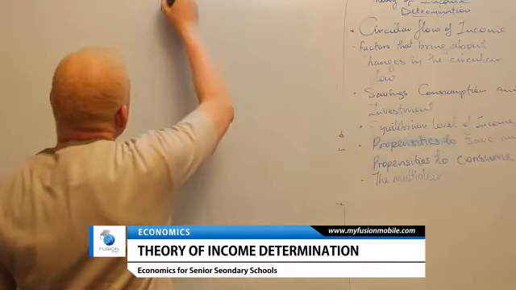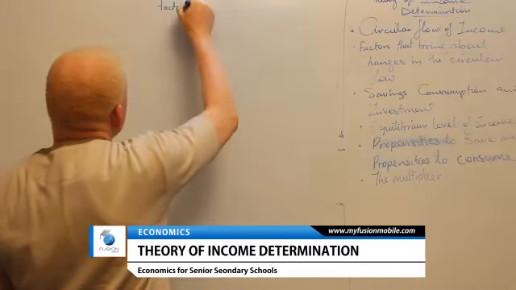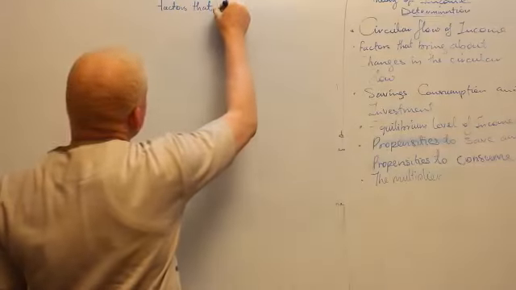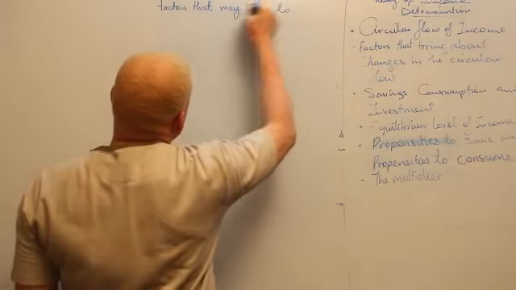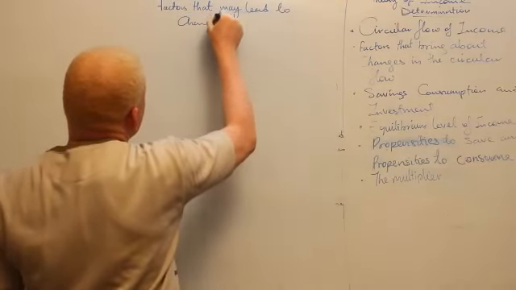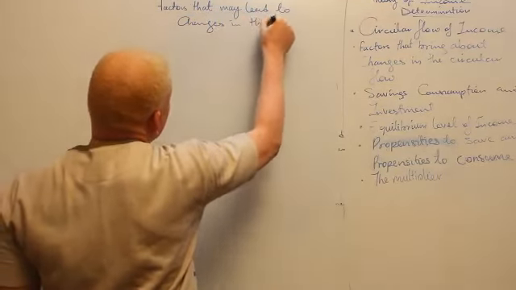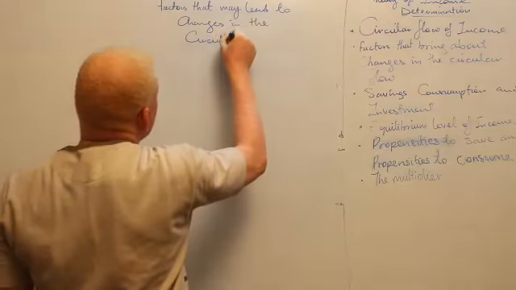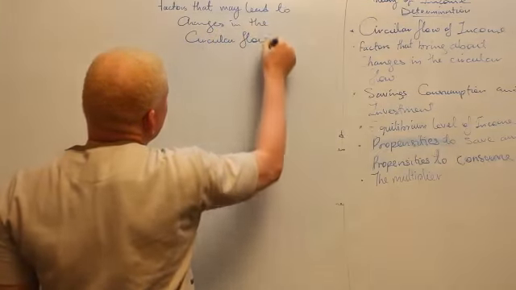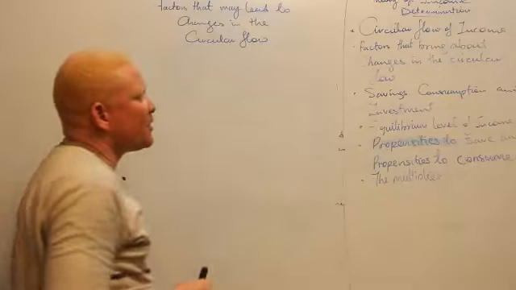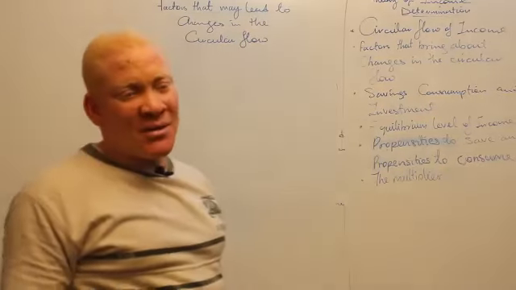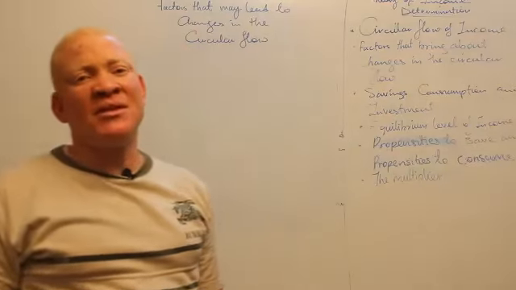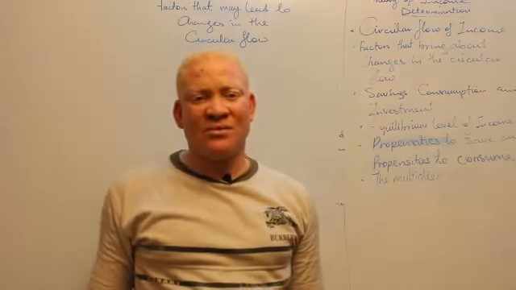Now, that's the second point: factors that may lead to changes in the circular flow of income. The first one is, you see, these factors are actually classified basically into two.